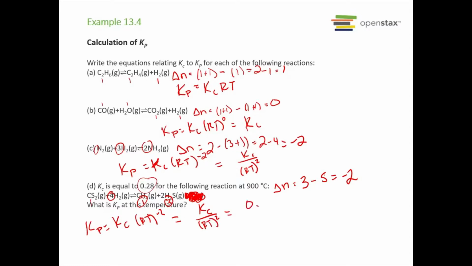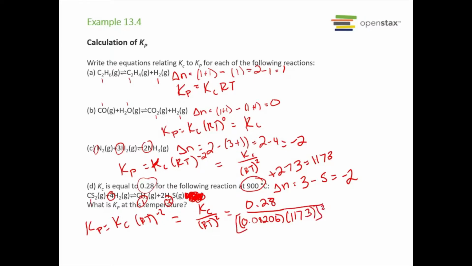So we have 0.28 divided by R, 0.08206, times our temperature. We were told 900 degrees Celsius. This needs to be Kelvin, so plus 273 to make it Kelvin. 1173 Kelvin times 1173. And this whole thing is squared.